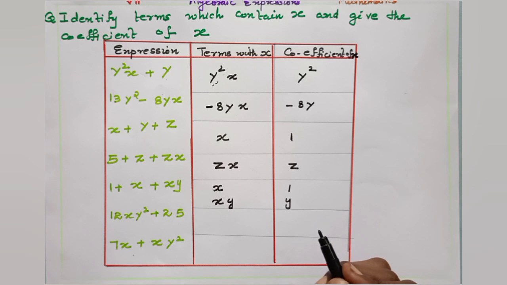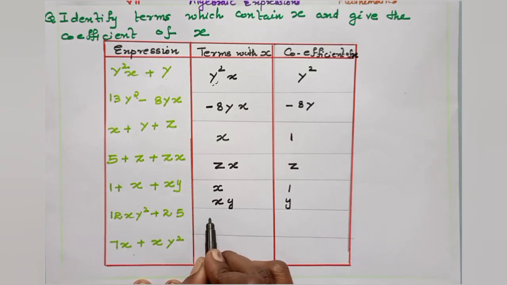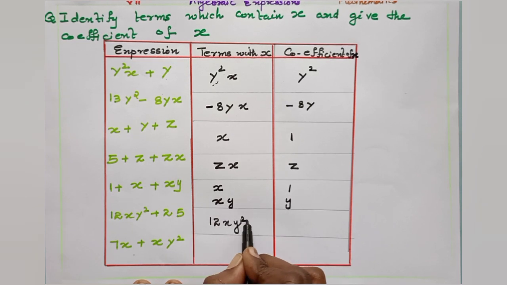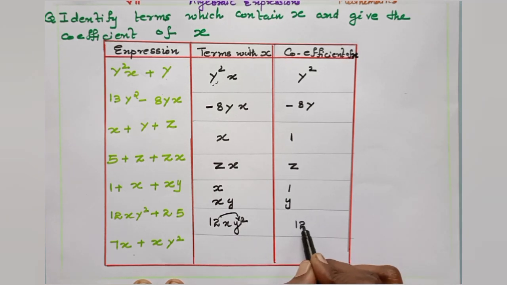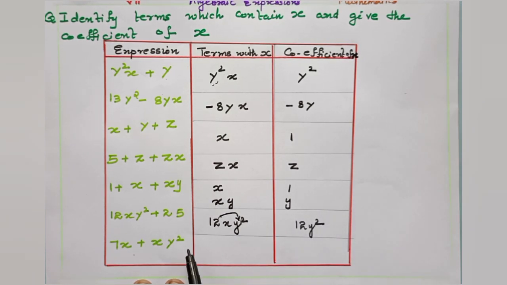Then 12xy square plus 25. The term with x is 12xy square, so the coefficient of x is 12y square. Then 7x plus xy square. Here two terms contain x. In 7x, the coefficient of x is 7.